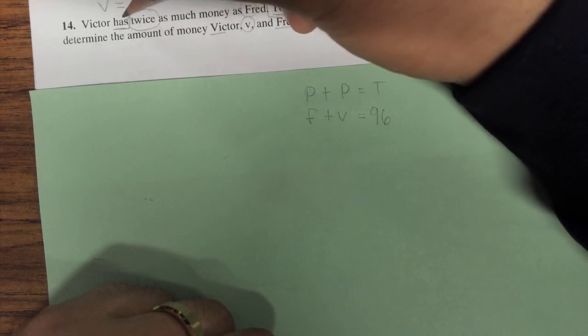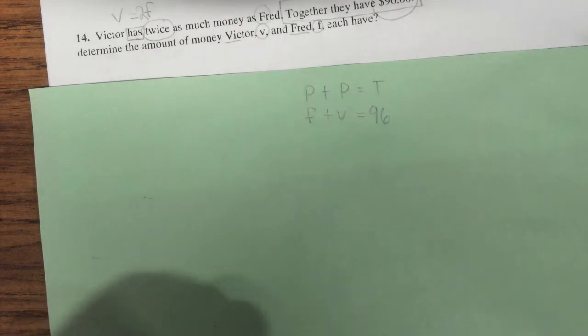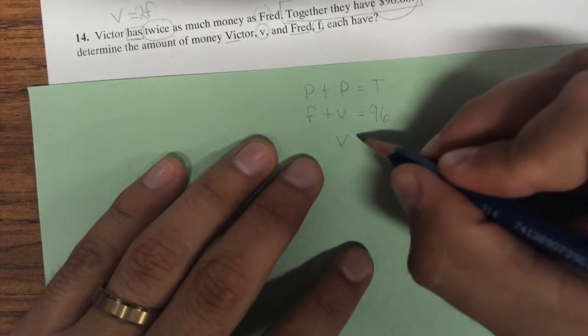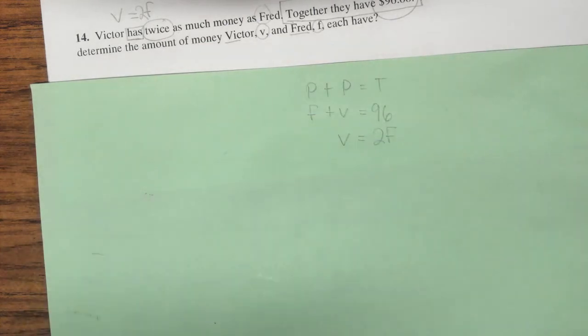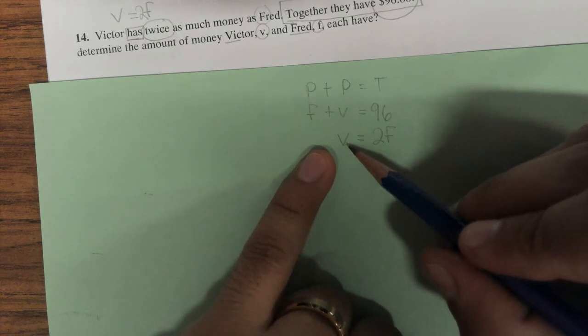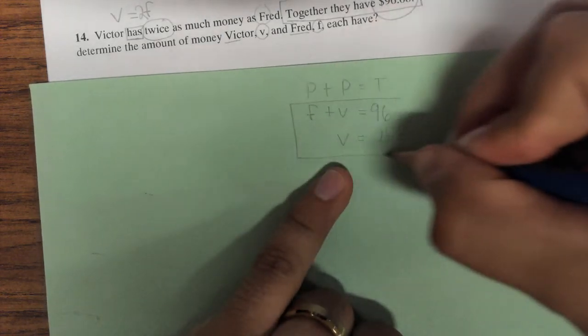So again, one of our keywords here is has. Victor has twice as much money as Fred. So if we take Fred's money and we double it, we then come up with Victor's equation. So this one's going to be V equals 2F. Twice, if we take Fred's money, multiply by 2, we get Victor's. Again, this is not part of my equation. These are my two equations. That's my system.